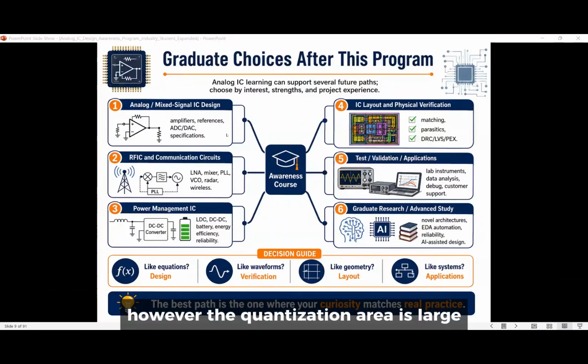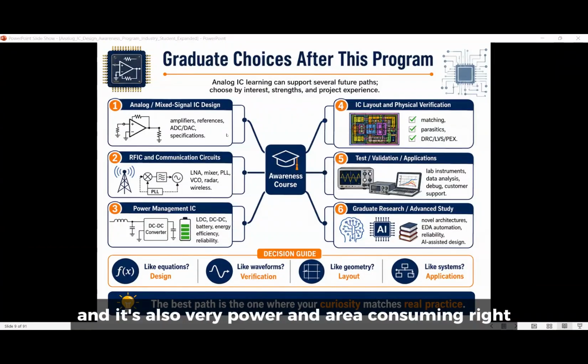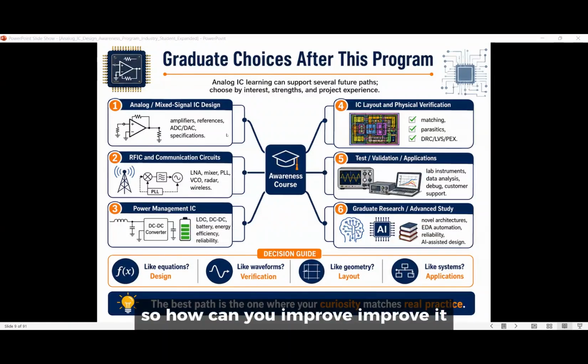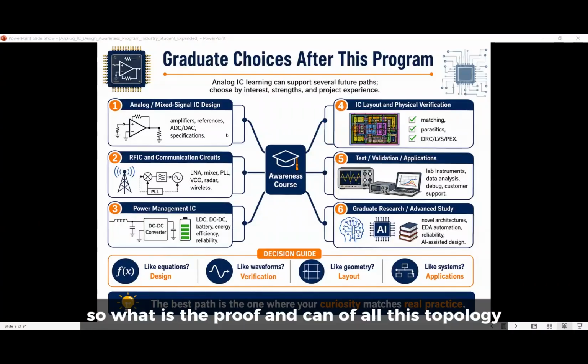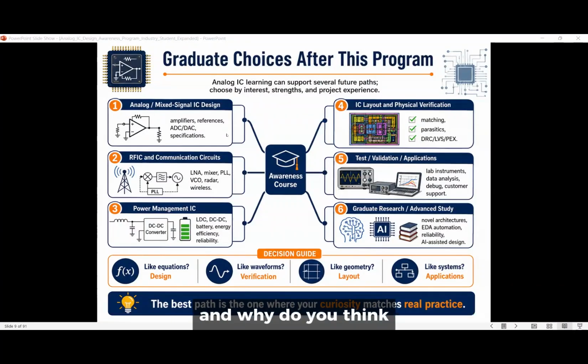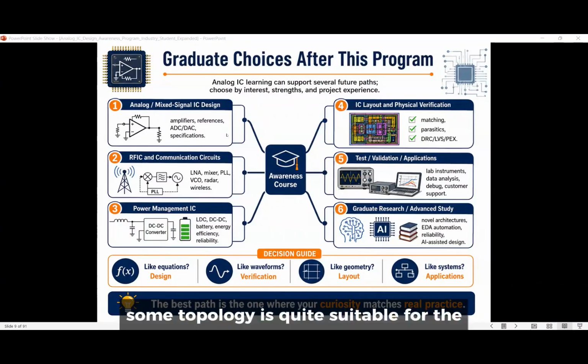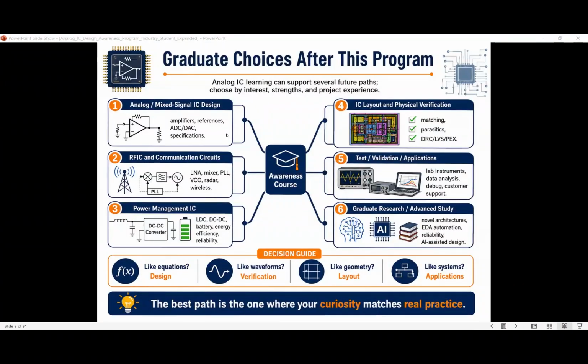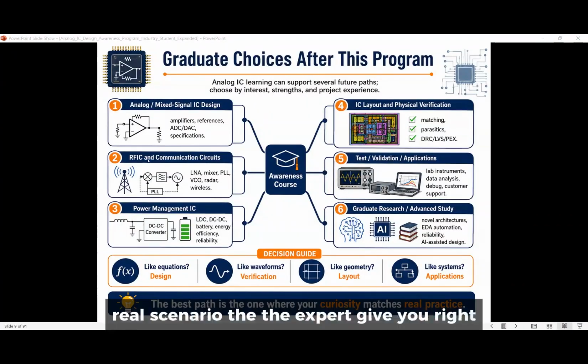However, the quantization error is large and it is also very power and area consuming. So how can you improve it? You have other choices like the pipeline structure and the oversampling structure, and you have to know the pros and cons of all these topologies, and why some topology is suitable for the real scenario the expert gives you.